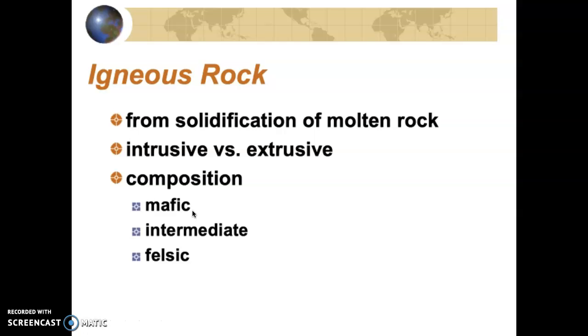The mafic minerals also have iron and magnesium, as well as calcium in them. The felsic rocks down at the bottom of our little list here have silicon and oxygen, but they also have a lot of aluminum, potassium, and sodium. And then the intermediate rocks fall somewhere in between. And we'll look at the chart for classification in a few slides.